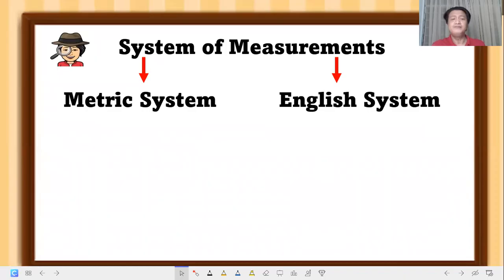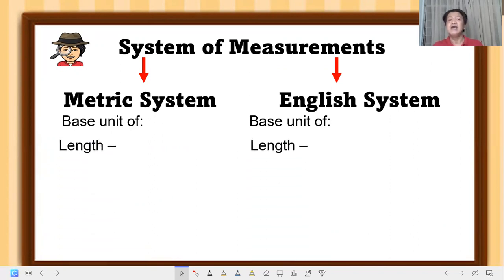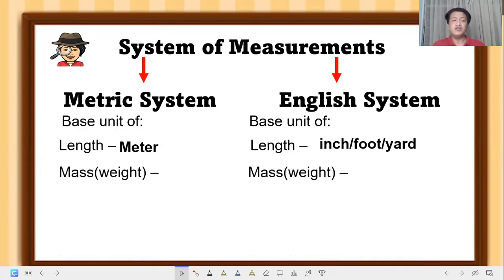Okay, and with that, let's identify the base unit of each system, no? Yung metric system tsaka yung English system. Ang length na ginagamit dyan ay meter. Samantala sa English system naman, we have the inches, feet, or yard. Okay, dito naman sa mass, sa metric, we use for weight yan na gram.